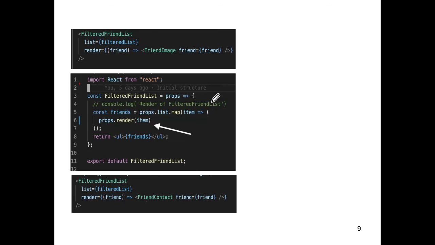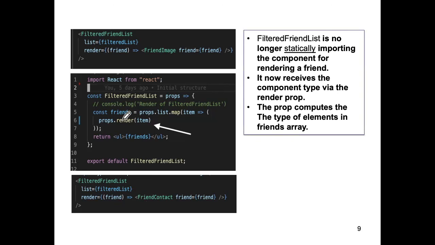So this component here is dynamic. It's dynamically computing the types of entries in this array. And the dynamics is controlled by the render prop that's passed to it. Yeah, a lot going on there, I think. Okay, I kind of said all of that.